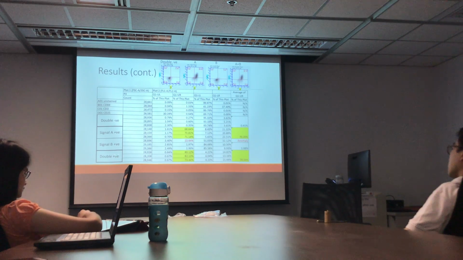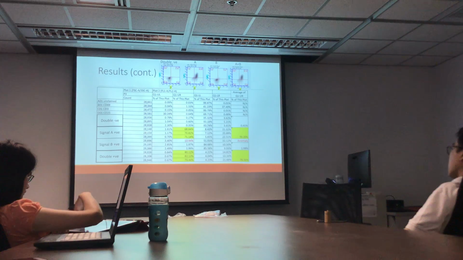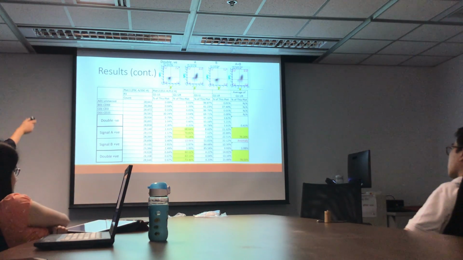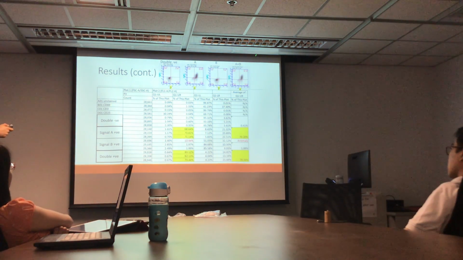The proportion of cells for double positive is around 78% right here, which suggests that having both signal A and B has a synergistic effect.